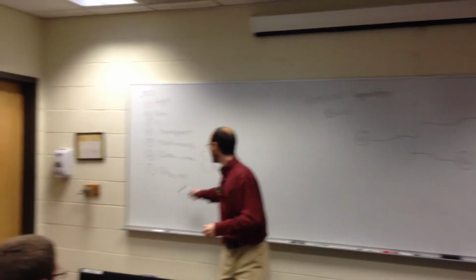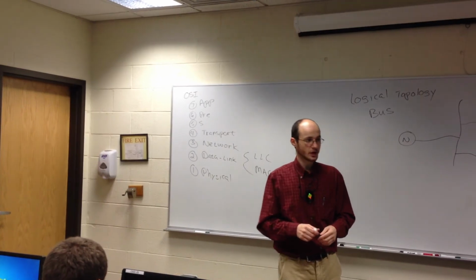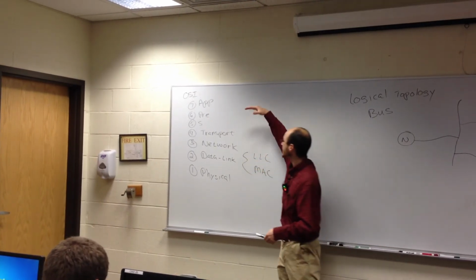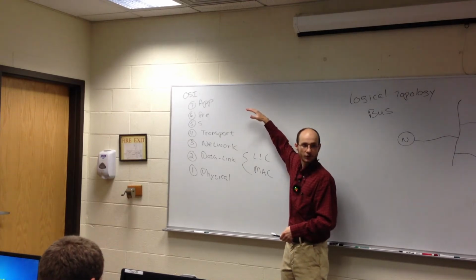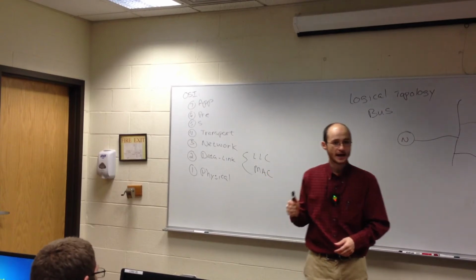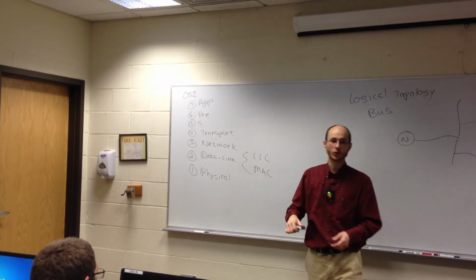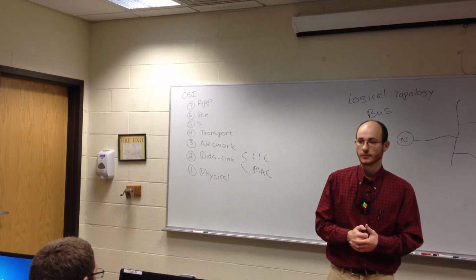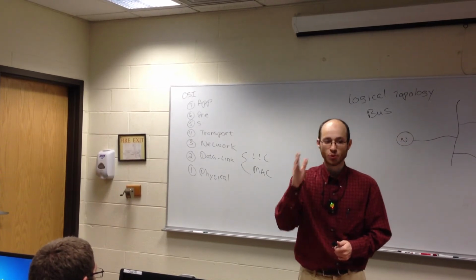So that's where the physical layer and the data link layer come together. The logical link control is the bridge to connect this high-level stuff to the physical world. And the MAC, the media access control, will give us some kind of addressing scheme. Earlier I addressed Brian.